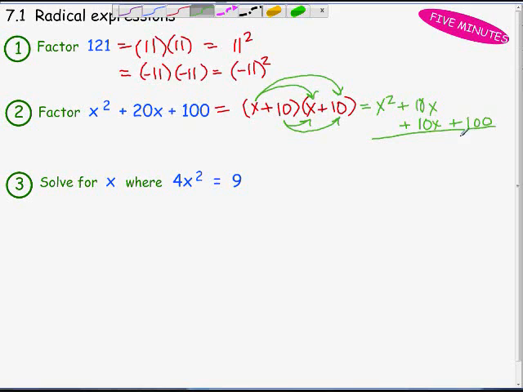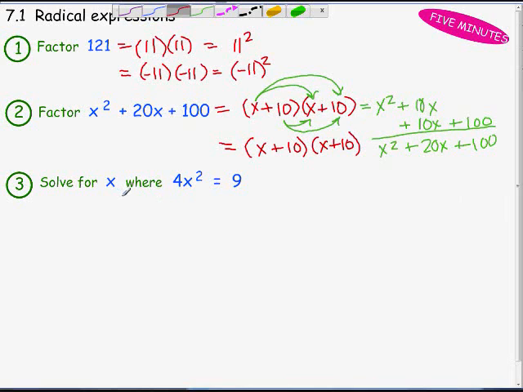We simplify this, we get x squared plus 20x plus 100. So we have verified this. This could also be written as x plus 10 times x plus 10.